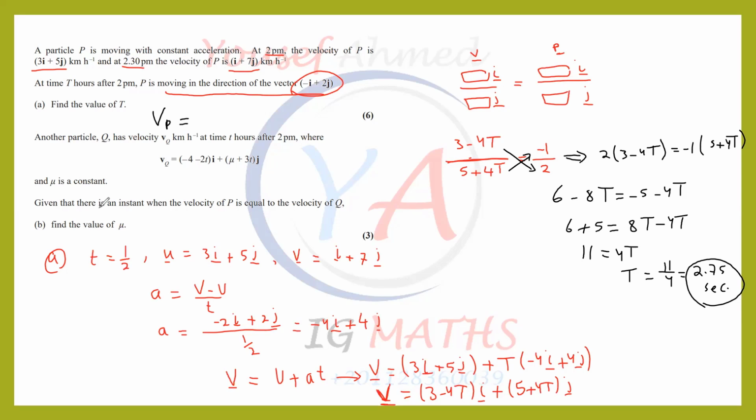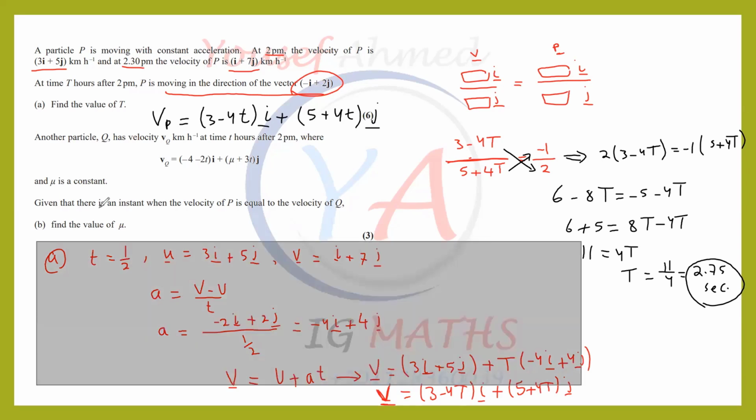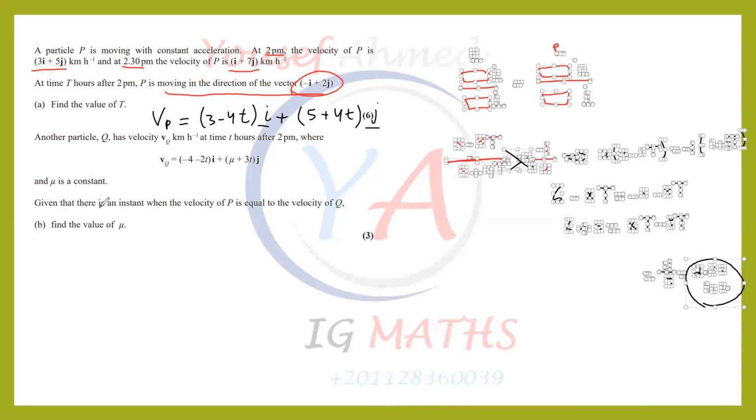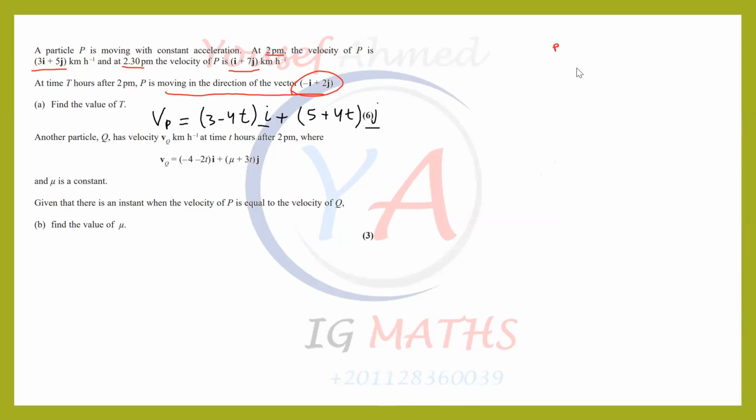It was equal to (3 minus 4t) i, and it's added to (5 plus 4t) in the j direction. So we can now erase what we don't need here to have space to solve the last point.